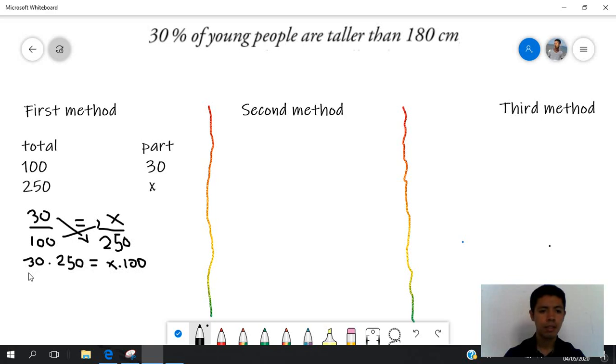Now, to leave the X alone, I need to divide all of this by 100. Then, if I perform the operations, I will have that 30 times 250 divided by 100 is 75.